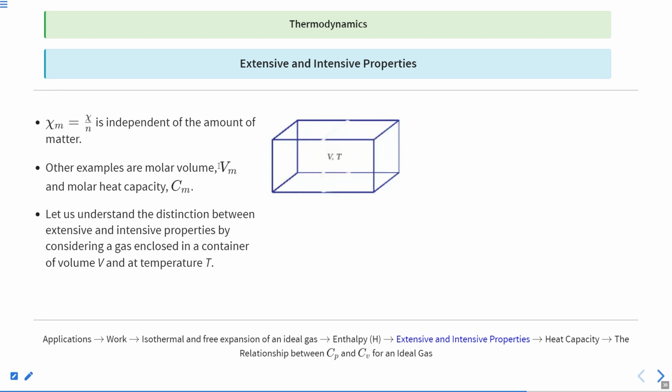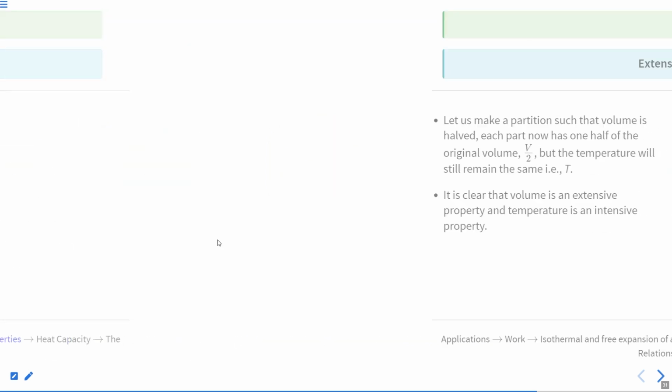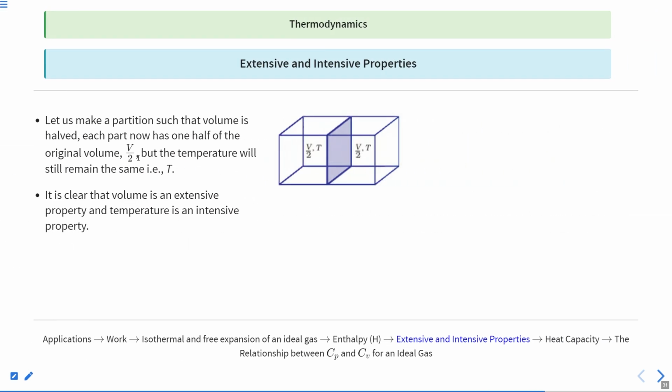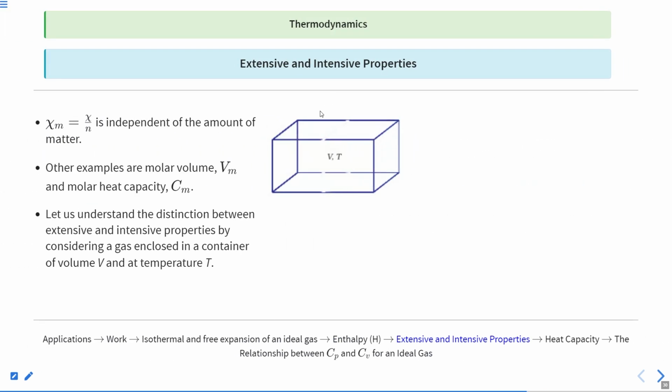Okay, so it is represented in this way. Suppose this is written as Vm, it means that it is the volume for 1 mole of a substance. Suppose it is written Cm, it means the heat capacity is for 1 mole of a substance. Got it?